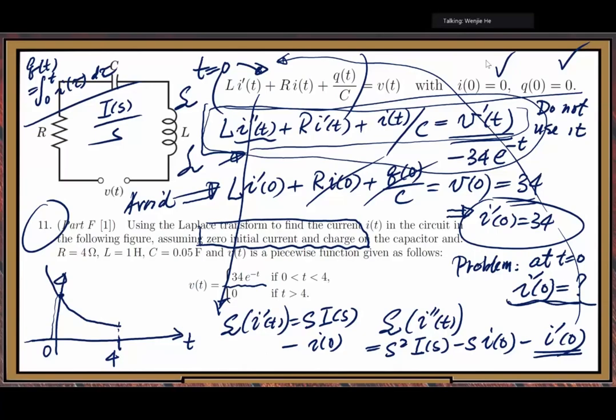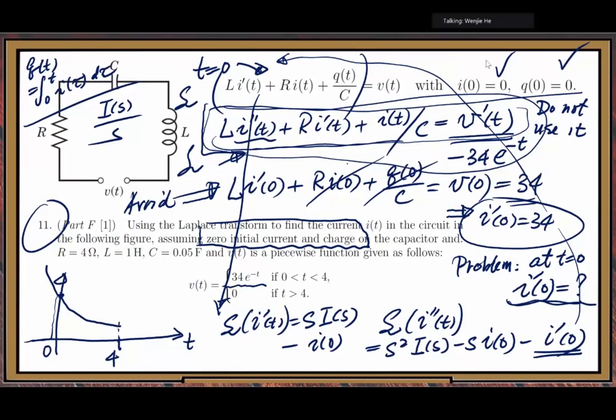Every step is very smooth. We have one more question, our last question, similar to this one. When you work on the last question, do not use this I prime value, because you will get a different answer.